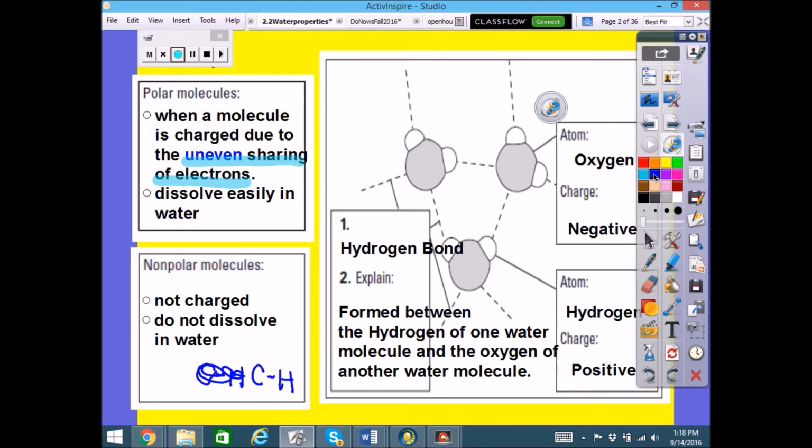Okay. So what does that mean? Uneven sharing of electrons. Oxygen, again, it loves electrons. It's high electronegative. So what charge do electrons have? Electrons have negative charge. They're what floats around the atom. So that's what makes oxygen negative. Now, also in the water molecule, there are 2 hydrogens.